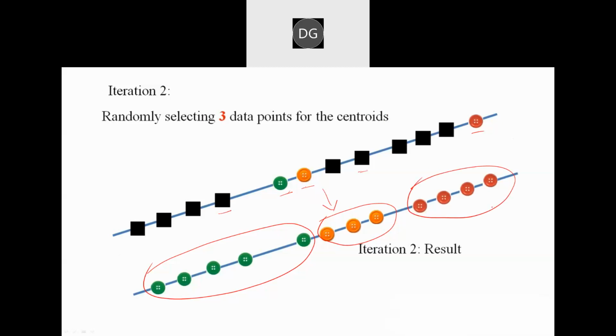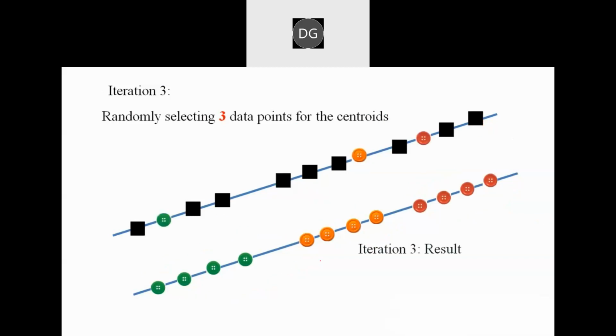The red point has got its correct 4 points, whereas the green point got one extra, and in the orange color we have lost one. So again, it will go for the next iteration until it reaches the exact points.